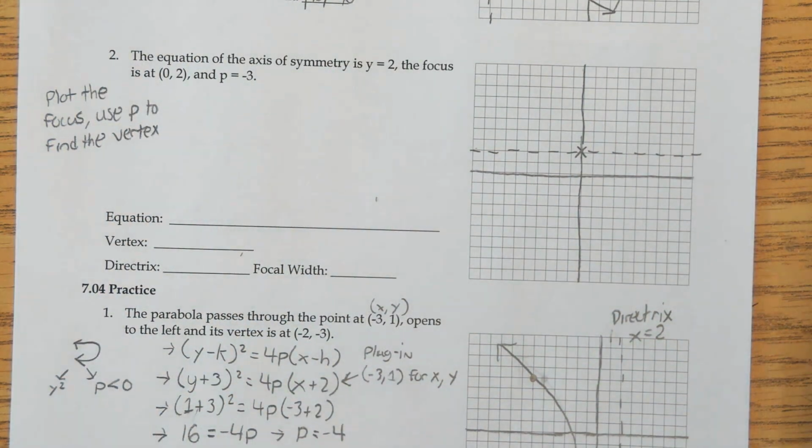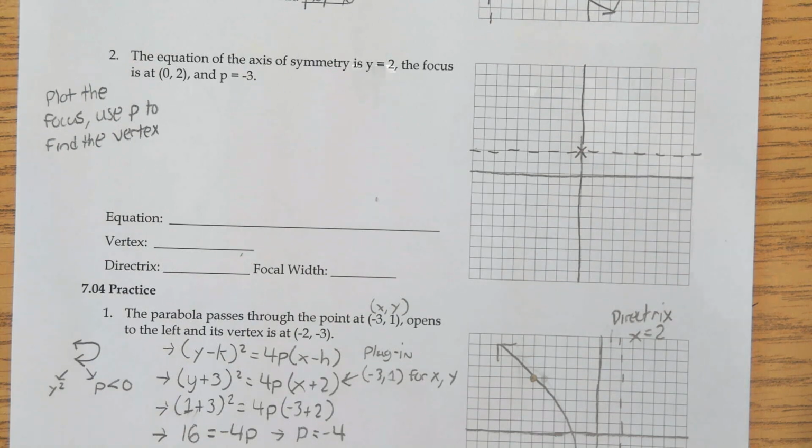Okay? Because again, if I know the vertex and I know p, I can write my equation out because the vertex gives me h and k. All right? So p is -3. That was told to me. So, all right? What do we know?